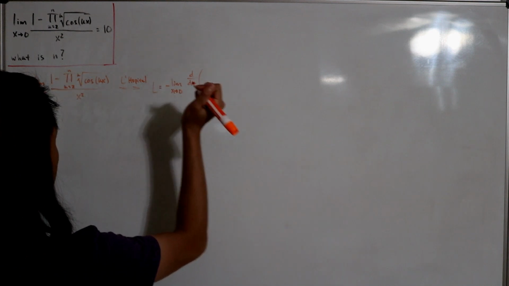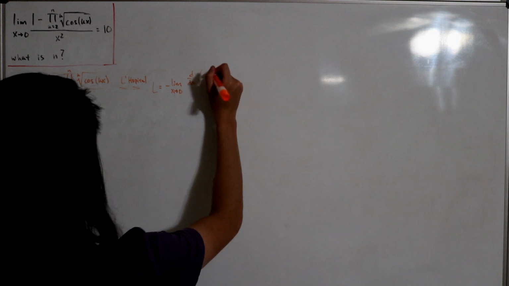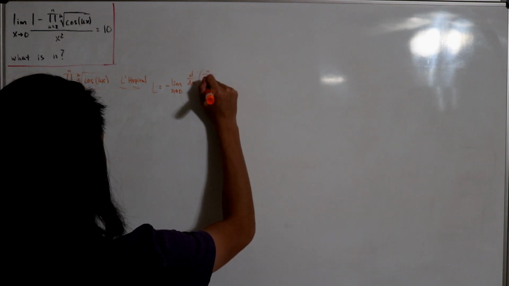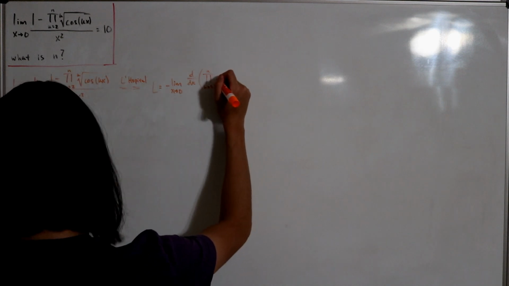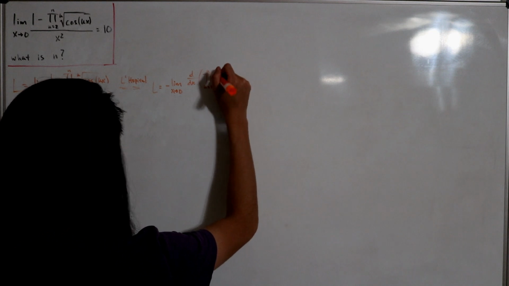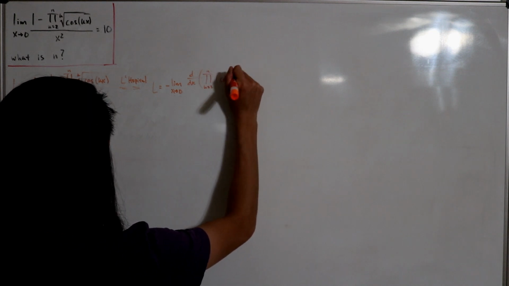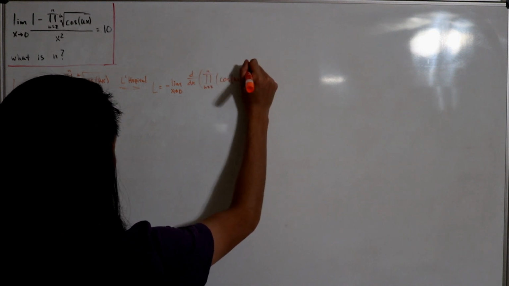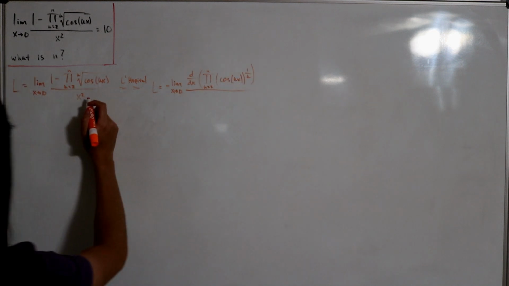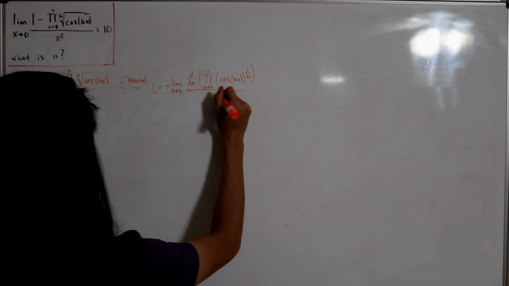Then we have the product from k equals 2, and since this is the kth root, I'll write it as an exponent: the cosine of kx to the power 1 over k, divided by the derivative of x squared, which is just 2x.